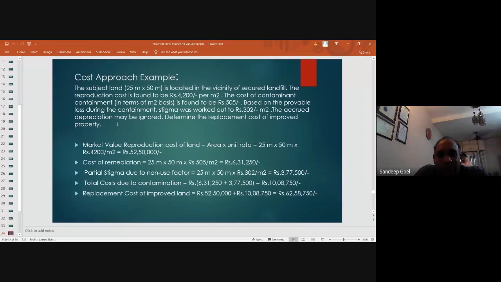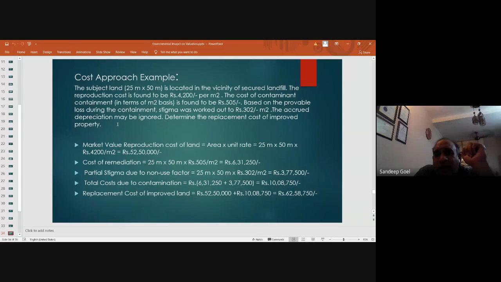A cost approach example. The subject land 25 meter by 50 meter is located in the vicinity of a secured landfill. A secured landfill is a landfill which is constructed for the purpose of solid waste management only, and all the technical parameters were deployed there so that pollution may be minimum. That is called a secured landfill.